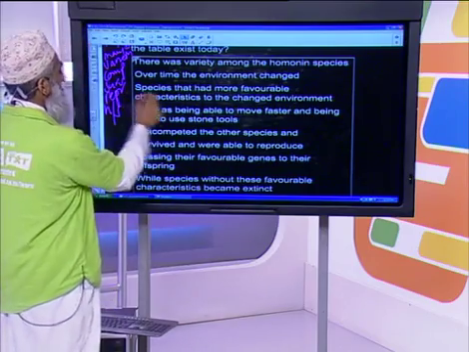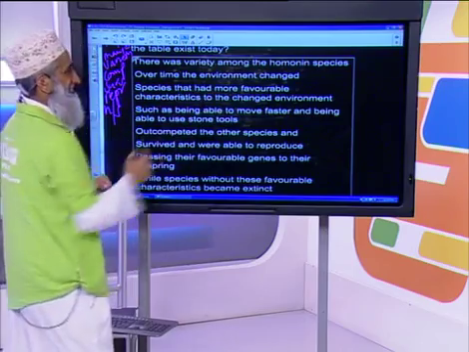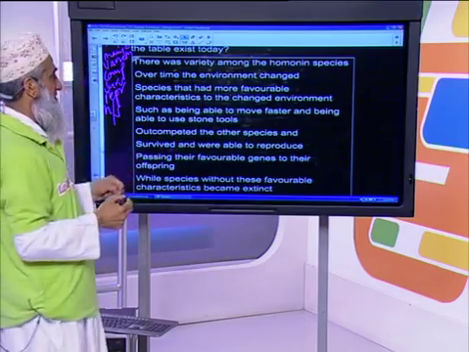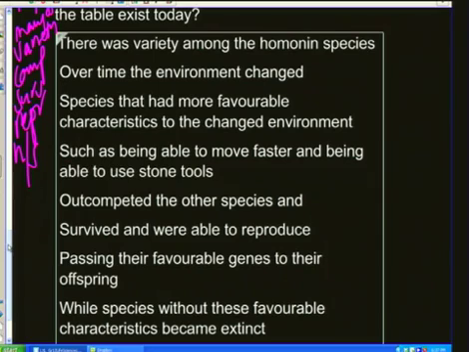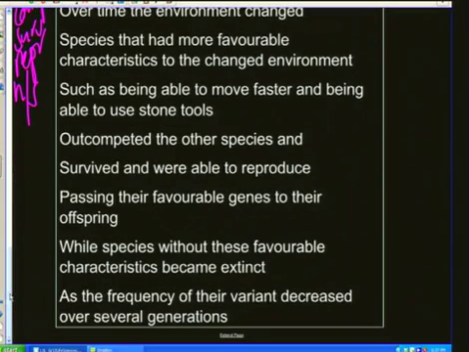Species that had more favorable characteristics to this changed environment, such as, we must give the context, being able to move faster and being able to use stone tools and to use the environment to their benefit, outcompeted the other species. So there's your competition coming in there as well. They outcompeted the other species and survived. There's survival coming there. And were able to reproduce, passing their favorable genes to their offspring.